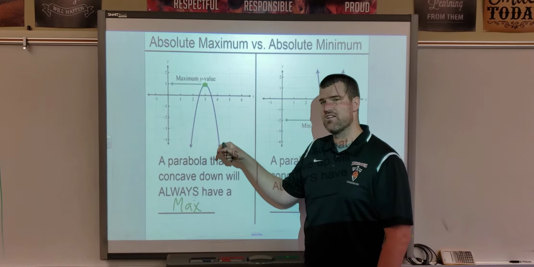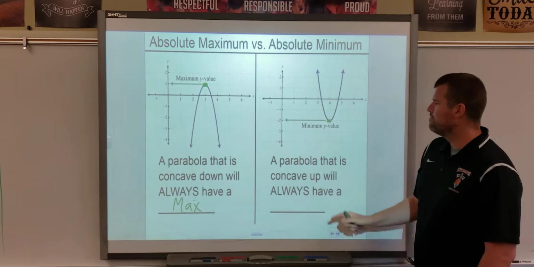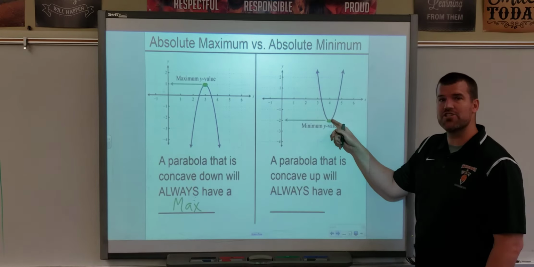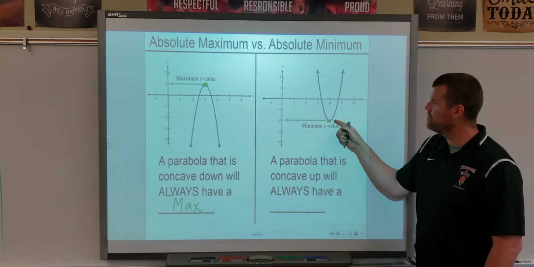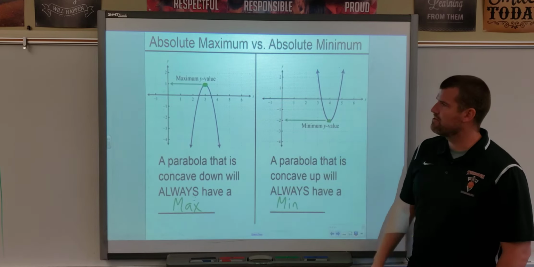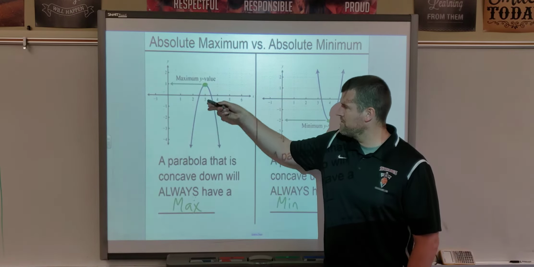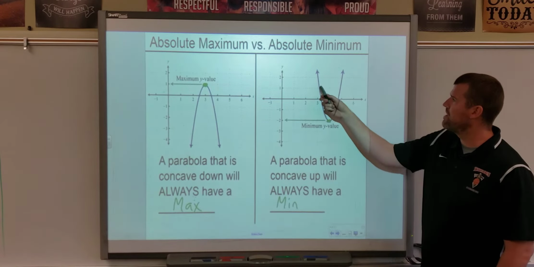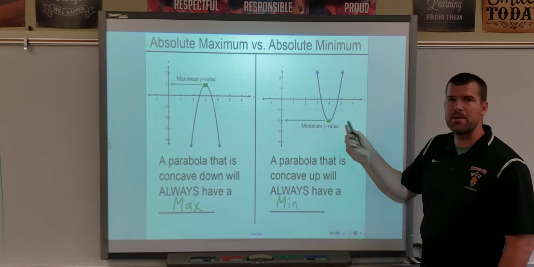But if the parabola is concave up, it changes direction at the bottom, and you will always have a minimum. So again, concave down, opening downward, will always have a max, but concave up will always have a minimum.